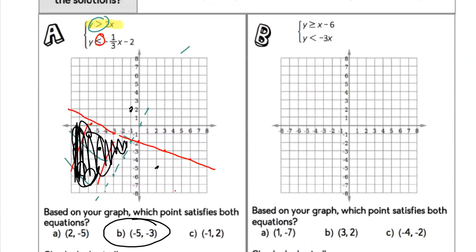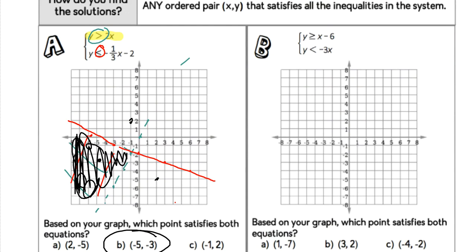Let's try example B here, make sure we're all set. So for this one, I again have two inequalities that I'm going to graph. The first inequality up at the top is y is greater than or equal to x minus 6. So starting at x minus 6, going up 1 over 1, and that one's greater than or equal to, so it is going to be a solid line across those.